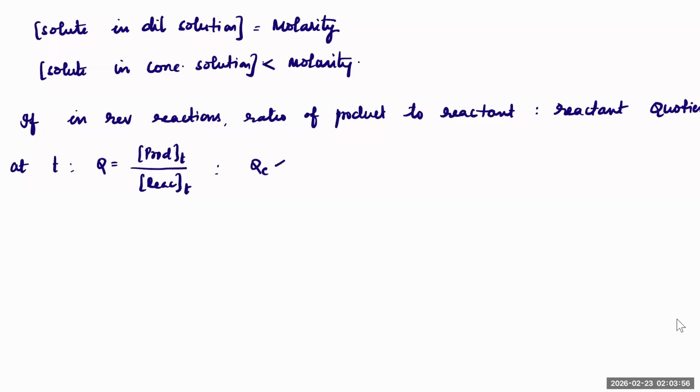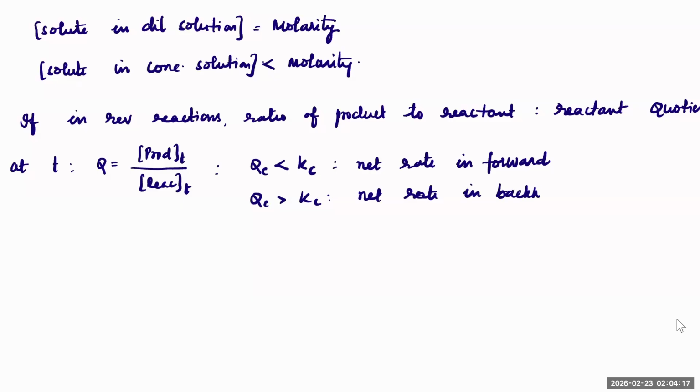So if Qc is less than Kc, the net rate is in the forward direction. That means the reaction is still going more in the forward direction. If Qc is greater than Kc, the net reaction or net rate is in the backward direction.